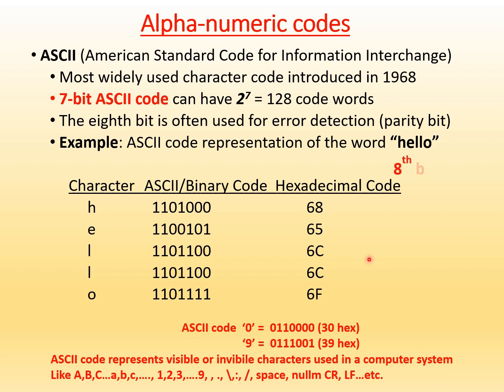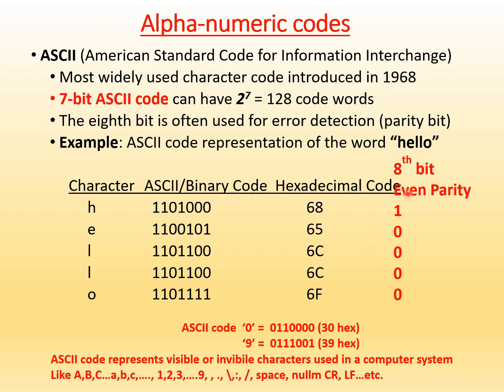Another thing is that a byte is 8 bits long, right? So ASCII code was 7 bits, and the 8th bit was used as a parity bit. This parity can be even or odd, but I'm giving an example of even parity.